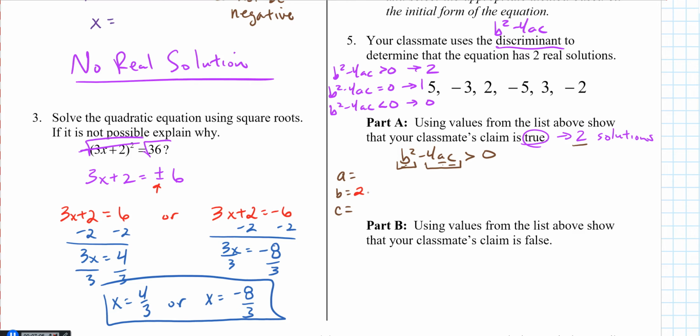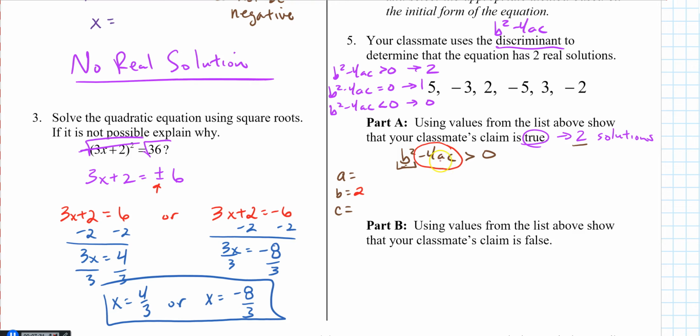Okay? Now for A and C, I want to try to make this whole negative 4ac a positive number. So if I already have a -4, and then I'm multiplying it by two more things, the only way that I can ensure that this whole term becomes positive is if either A or C is positive, not both.